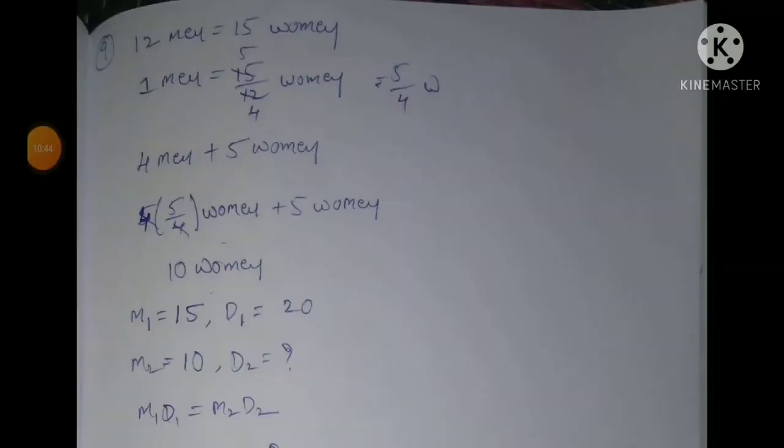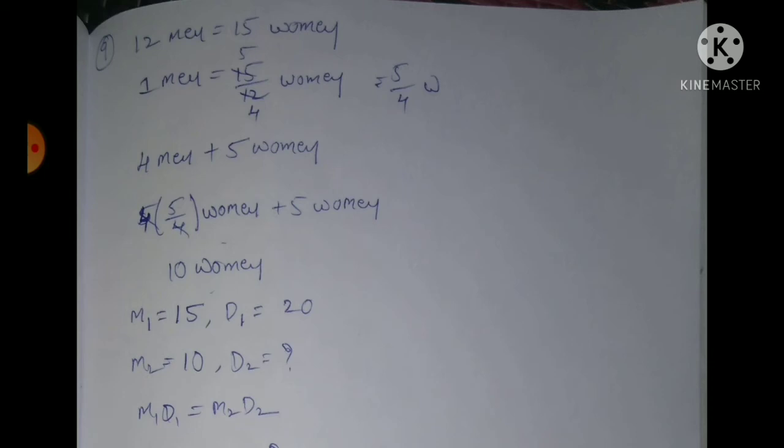Next, a work is done by 12 men or 15 women in 20 days. What is the time taken by 4 men and 5 women to complete this work? A work done by 12 men or 15 women, in the same ratio we get 1 man equal to 5 by 4 women, that we already saw in our previous questions also. So 4 men plus 5 women is nothing but 4 of 5 by 4 women plus 5 women.